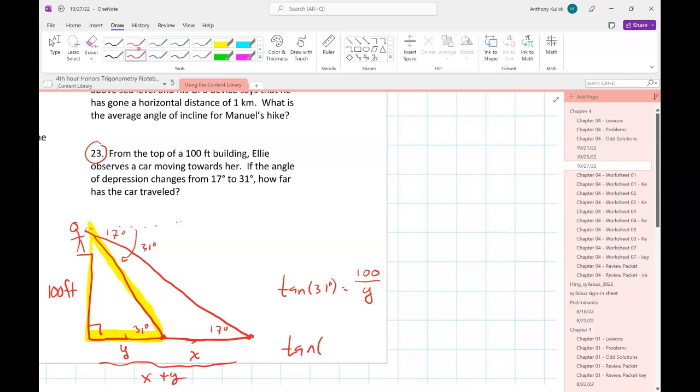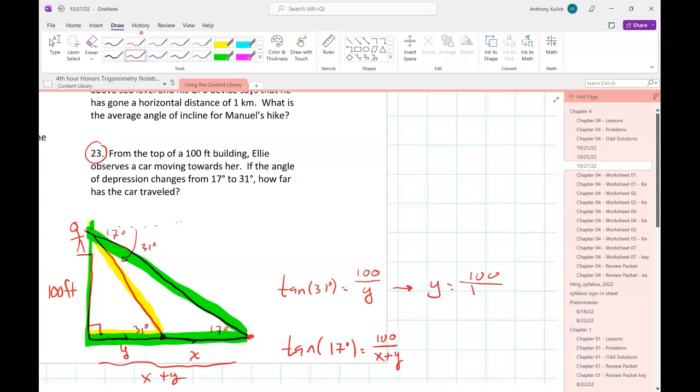And for the other right triangle, I can say that tan of 17 is equal to 100 over x plus y. So from here, I can say that y equals 100 divided by tan 31. So this is going to equal 100 over x plus 100 over tan 31.